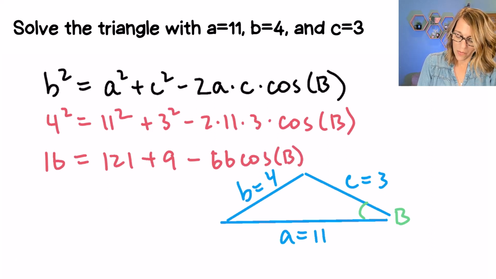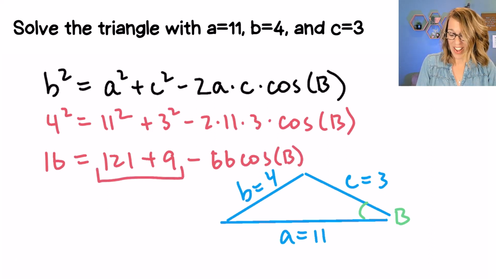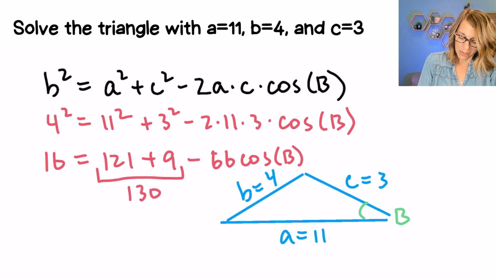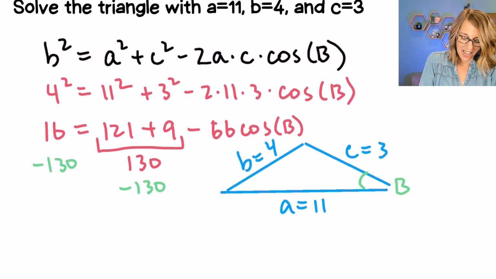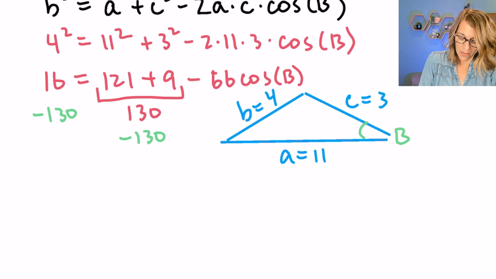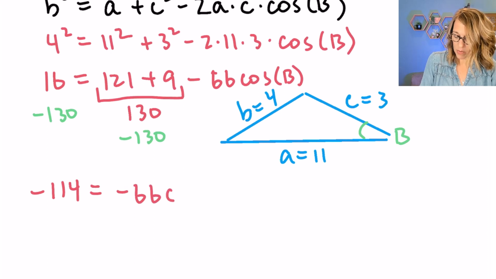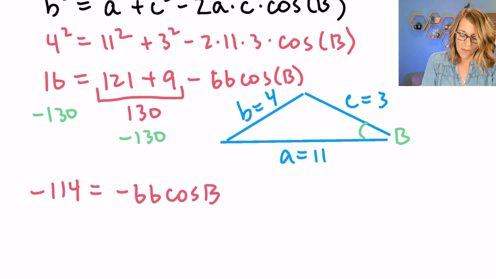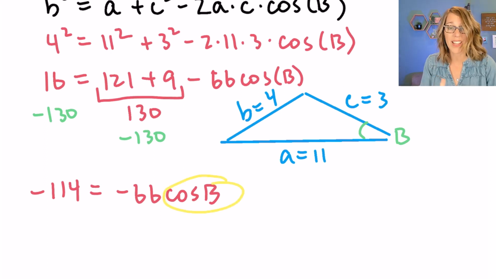B. Now I know that 121 and 9 is equal to 130. So let's go ahead and subtract that 130 from both sides, minus 130. We end up with negative 114 is equal to negative 66 cosine of B. Now, my goal is to get to B. I'm going to start by isolating the cosine of B. You might see where I'm headed.